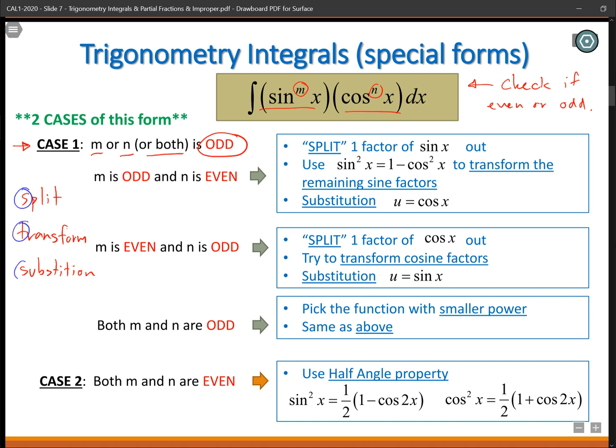So if you find m odd, n odd, or both odd, use case 1. But if it turns out that none of them is odd, or basically both of them are even, you go with case 2, and this case 2 is the half angle identity.